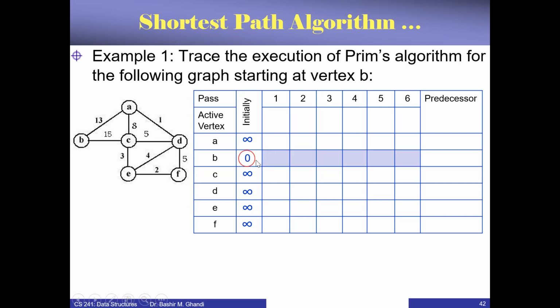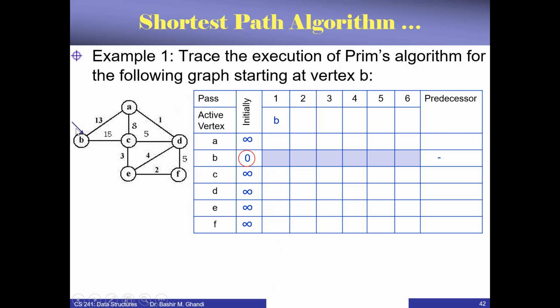Finalizing means disabling, if you like, the remaining cells for this row of B, because the value is not going to change. This is the first part of the 4 things that we are supposed to do in the iteration. The next is to identify the predecessor. Obviously for B there is no predecessor, since that is our starting point. And step 3 is to make B our next active vertex.